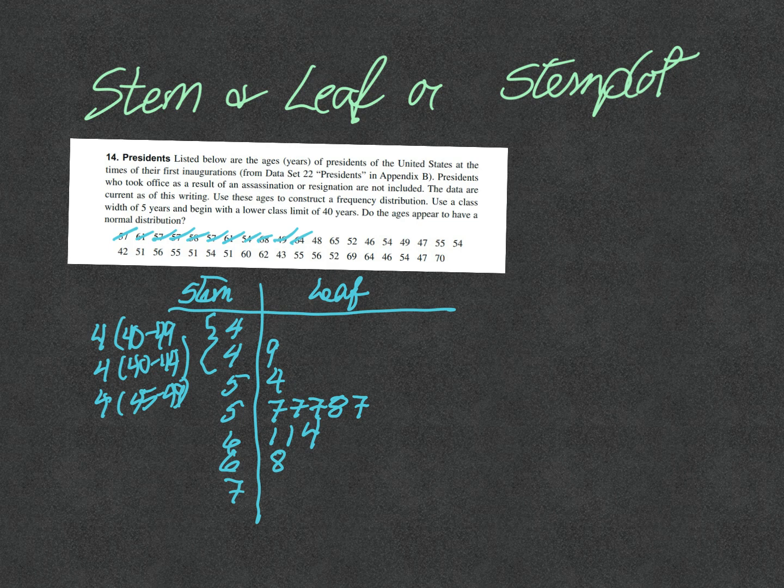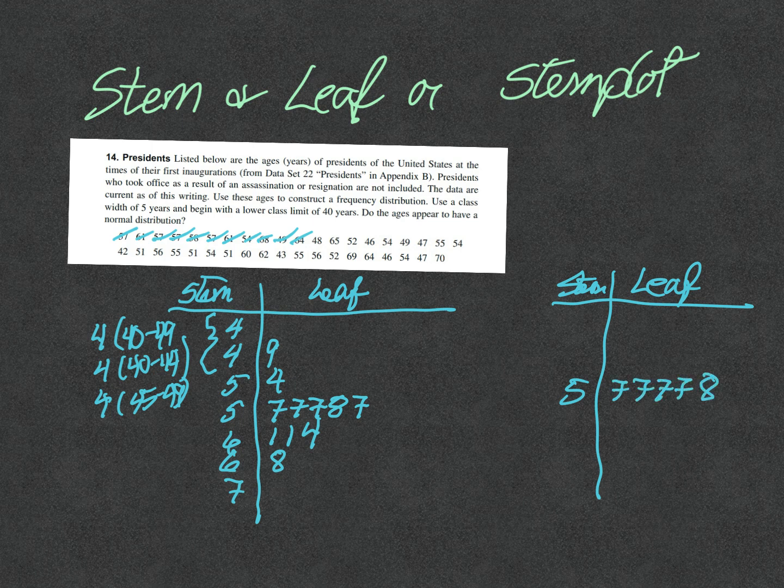Now, the nice thing about a stem and leaf is that you have all the original data. And what's super easy with a stem and leaf, and this is why I like it so much, is that it becomes super easy to sort. So like this 50 down here, because only the numbers 0 through 9 are listed in the leaf section, it becomes really super easy to put things in order.